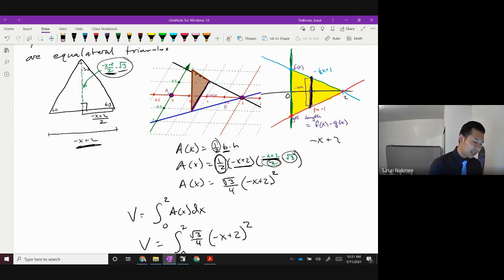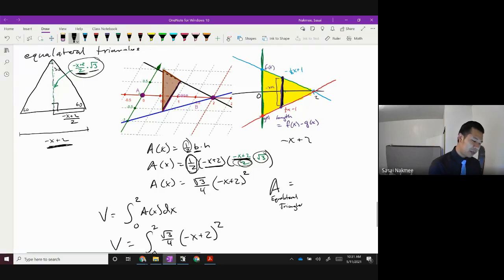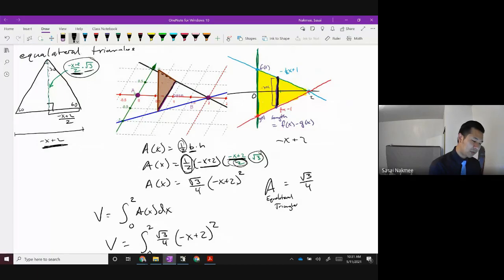So I kid you not, some people memorize the area of an equilateral triangle. They memorize this equation: the area of an equilateral triangle is the square root of 3 over 4 times the base squared.